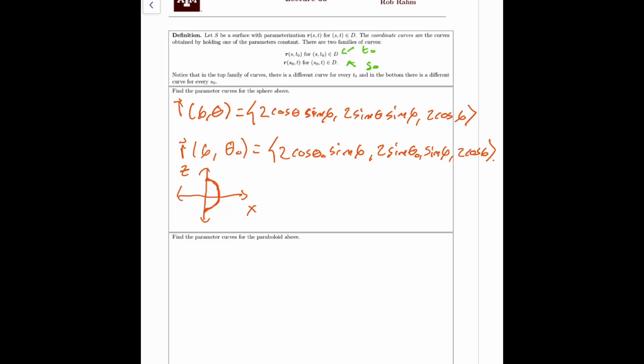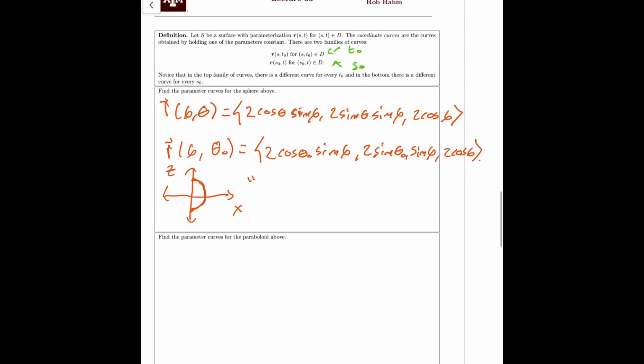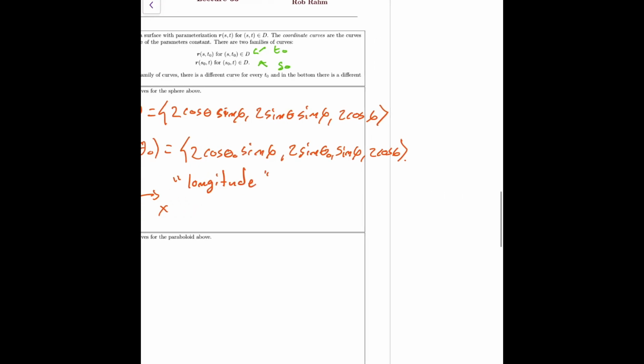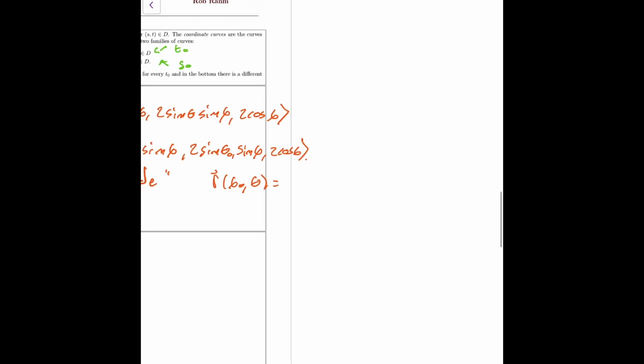Okay, so this would be one family of curves. So these are like longitude. And then another set would be where we hold phi constant. So R of phi naught, theta. What is this?